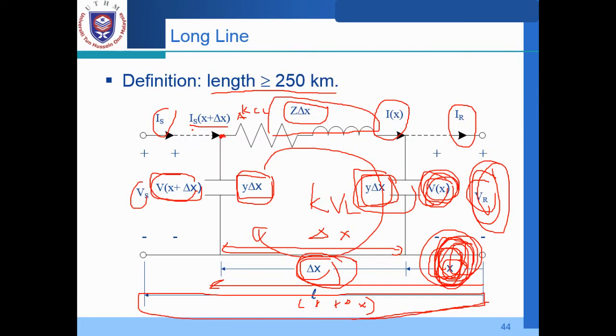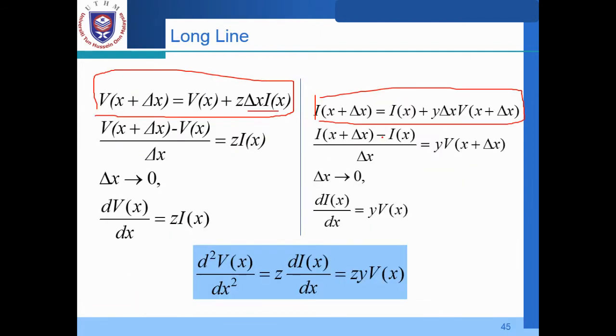Node A. So we have Is x plus delta x, also this one, multiplied by these two, and this one Vx Y delta x over here. So we have here and this one. Rearrange and we derive to get this Z Ix and Y Vx. When we derive this equation again, you may get d square Vx over dx square equal to Z dIx over dx.